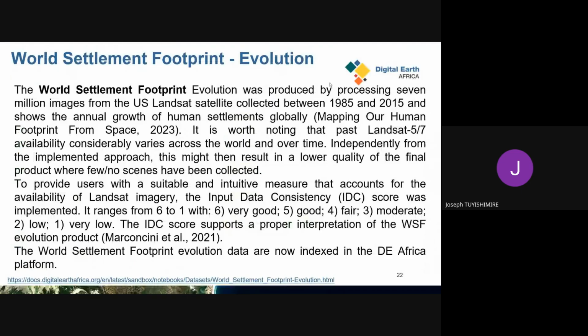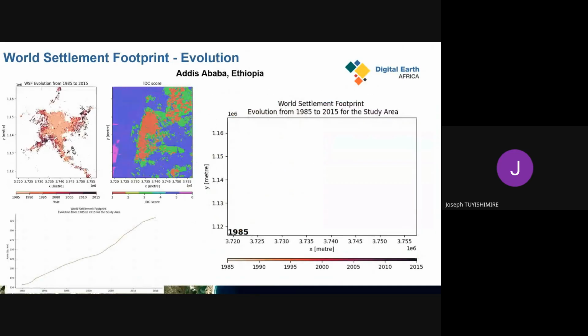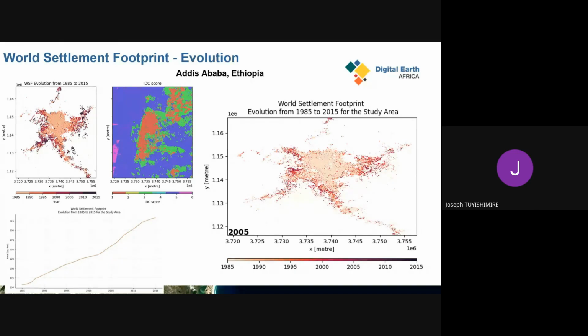We can go down, including the evolution. You can compare years from 1985 to 2015, and we can come up with a nice animation that shows how urban areas have been evolving over time and how new buildings have been colonizing either green agricultural lands and even water in some areas of Nigeria.